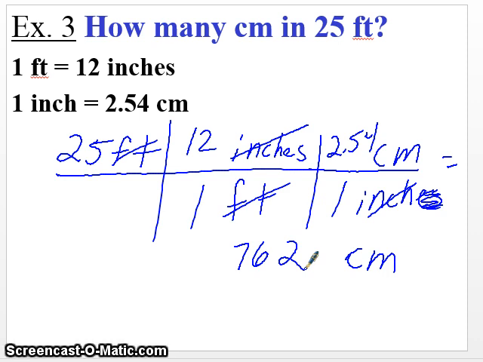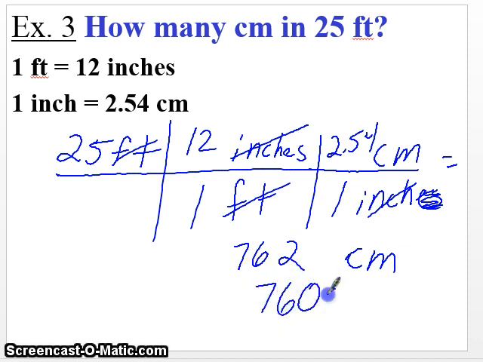Now, I'm looking at my starting number and I see that I have 25 and it only has 2 digits, and my answer has 3. So should we teach them about significant figures right now, or is that going to come up later? No, we should know about significant figures by this time. All right, since my starting number only has 2 digits, my ending number can only have 2. So I'm going to change it to 760.